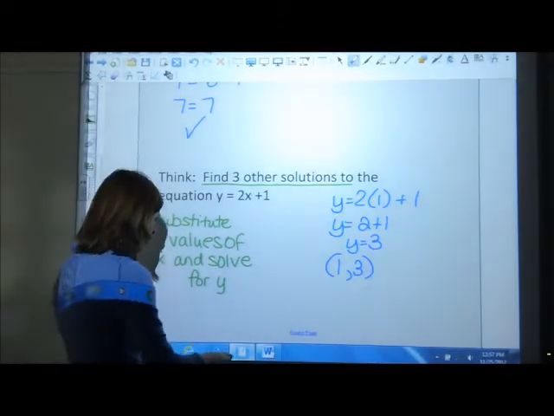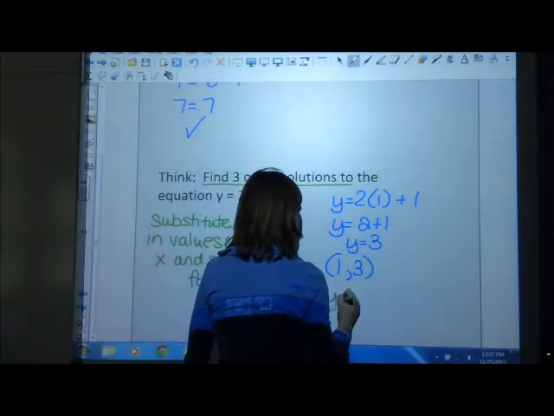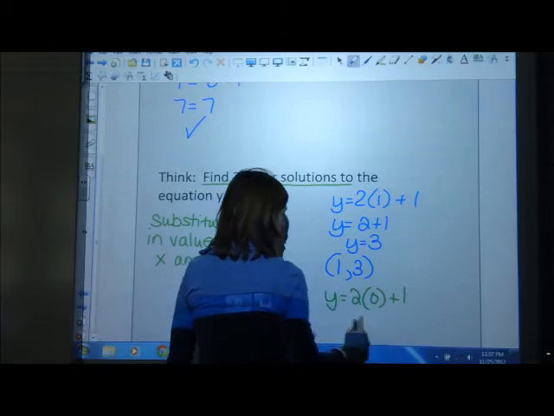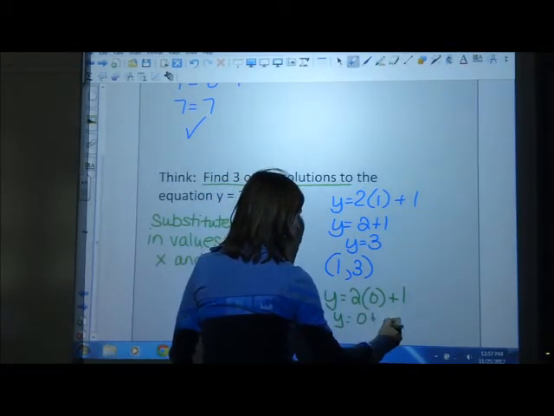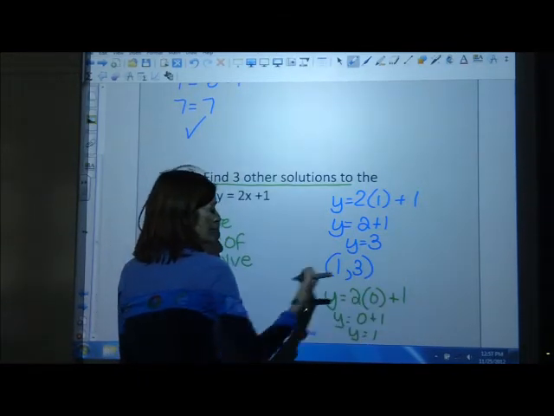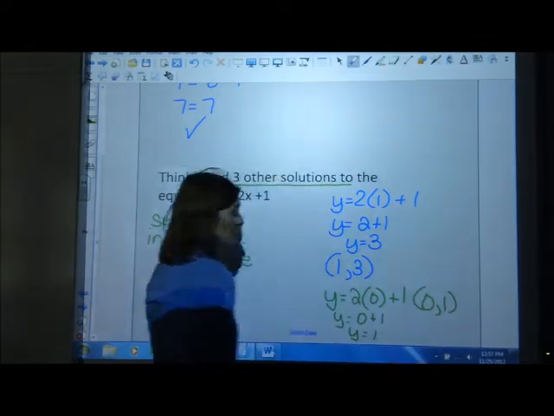Okay? Let's pick another x point. Let's pick the x point of 0, okay? So y equals 2 times 0 plus 1. 2 times 0 is 0, so y equals 0 plus 1, so y equals 1. So the coordinate point (0, 1) is a solution to the equation.